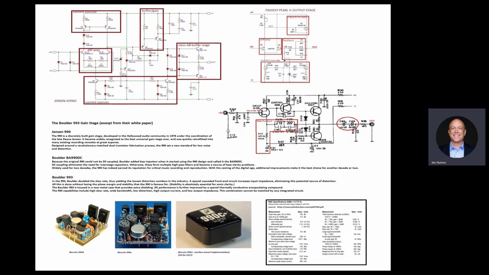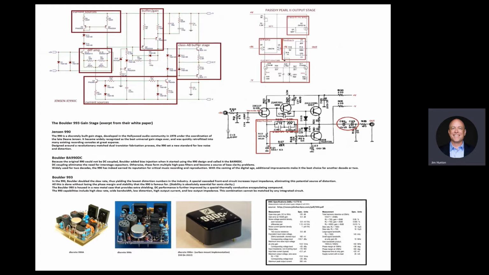It didn't do what they wanted. So they designed their version, the 990 DC, which is very similar to the 990, the Dean Jensen, but with better performance at DC, so they can do a DC servo with that.